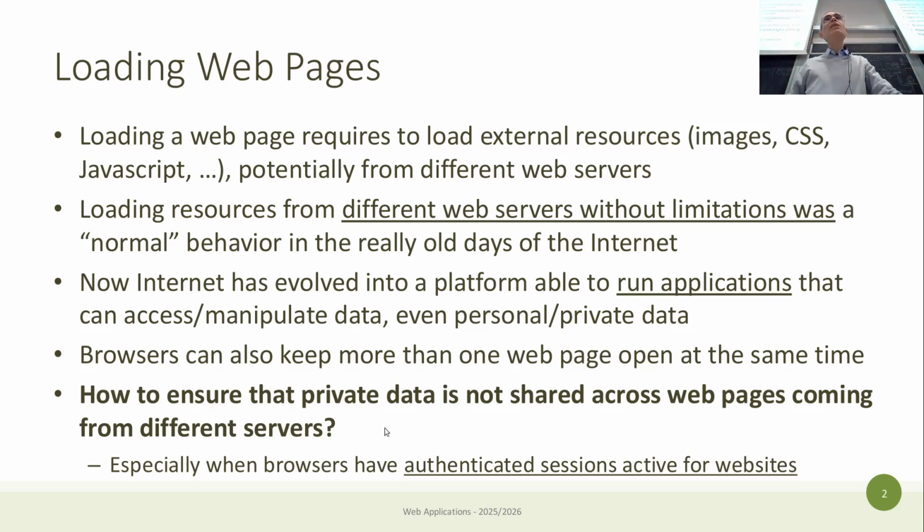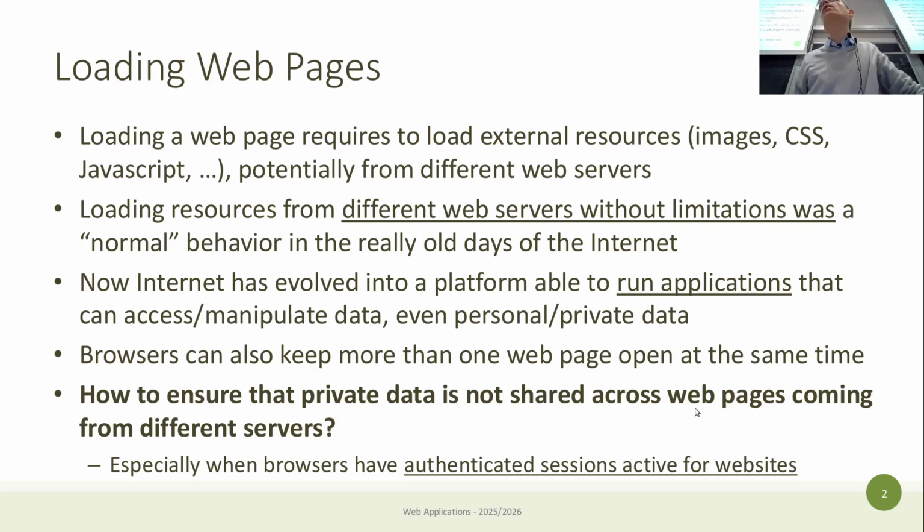But in practice, actually, it's not really exactly like this, especially when we will have authentication. That's a topic for a next lecture. We'll start talking about authentication, and when you have an authenticated session active for some websites, that starts to be a problem, okay?